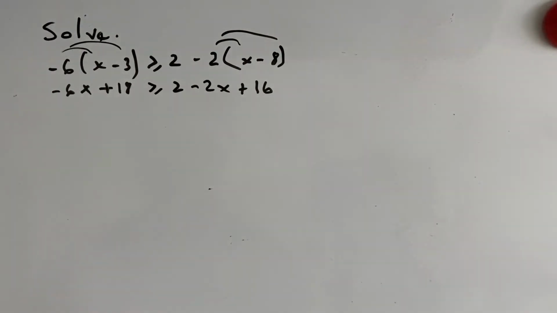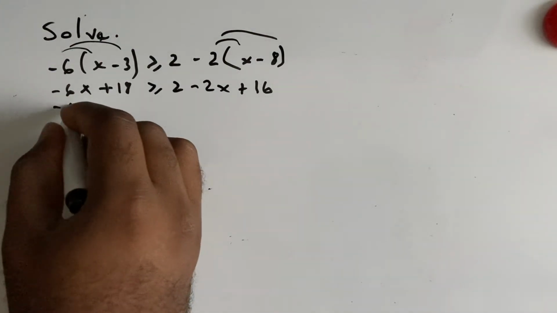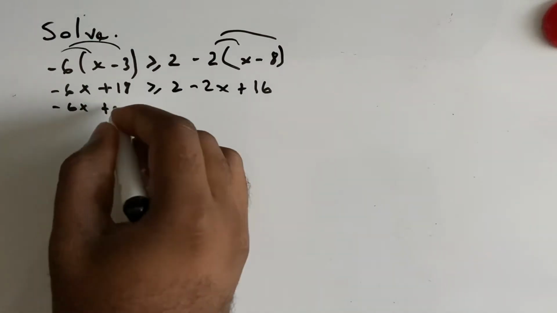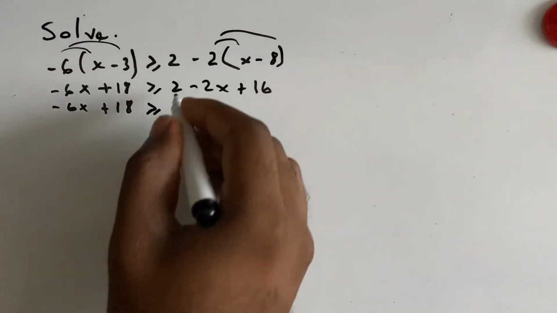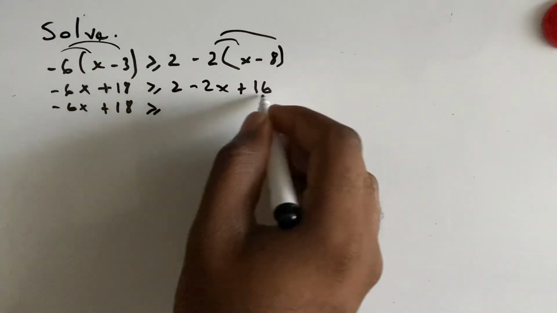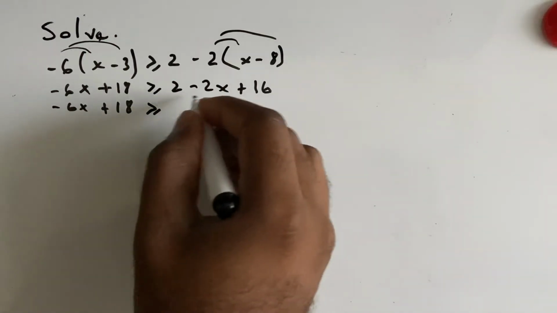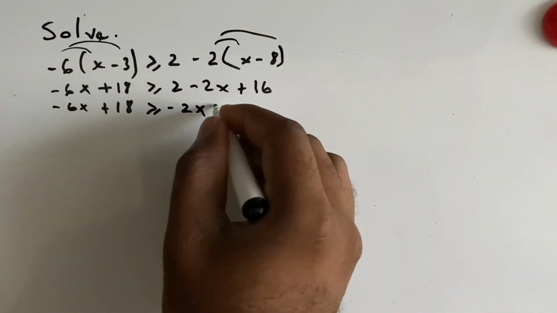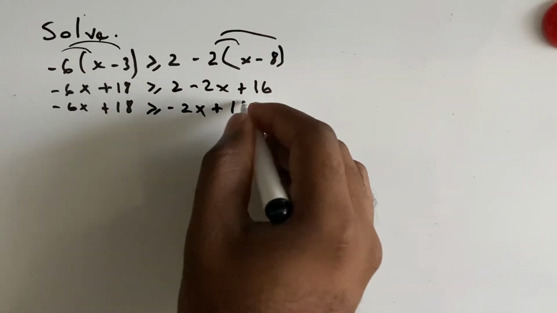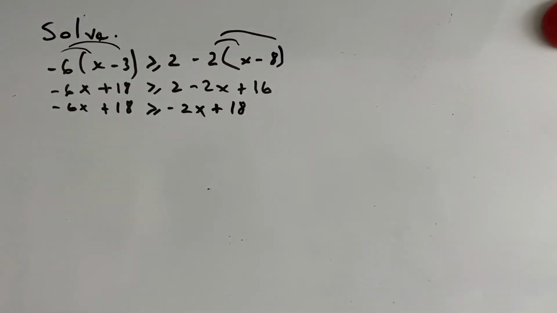Then now I can combine like terms on the left, on the right, I'm saying. Okay, so negative 6x plus 18 greater than or equal to 2 plus 16 is, so I can put negative 2x first, then 2 plus 16 is 18. So plus 18, okay, plus 18.